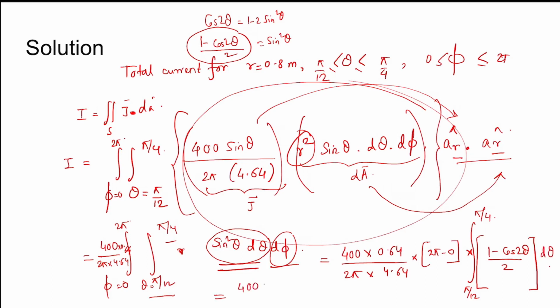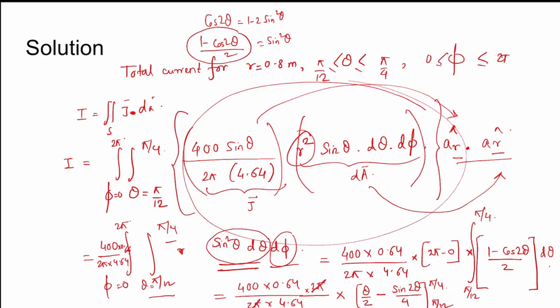So how much is it coming to? 400 into 0.64 divided by 2 pi into 4.64, multiplied by 2 pi, multiplied by theta by 2 minus, since the integration of cos is sine, sine 2 theta by 4, with limits pi by 12 to pi by 4.